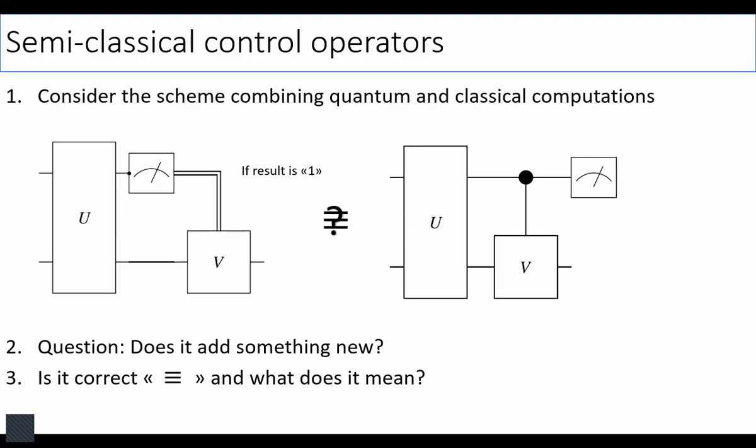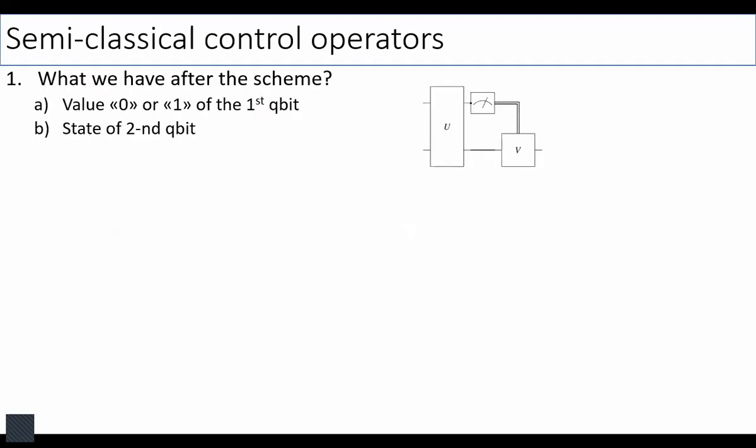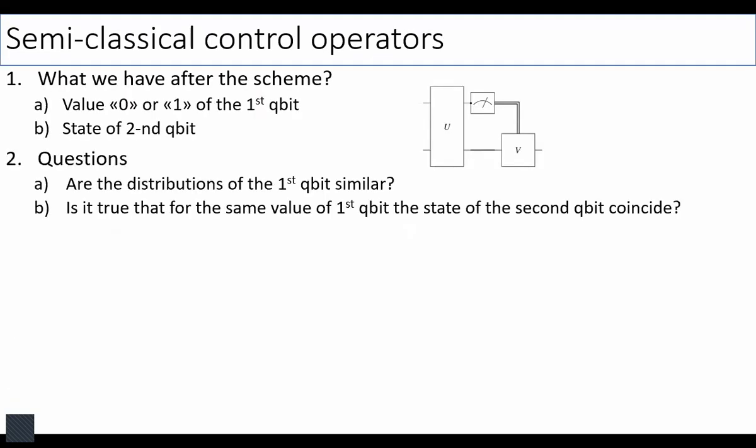And what does equivalent mean? Okay, I go to the next slide. What is the result? It is the value 0 or 1 which we get, and the state of the second qubit. They are equivalent if the distribution of the value 0 or 1 is the same.